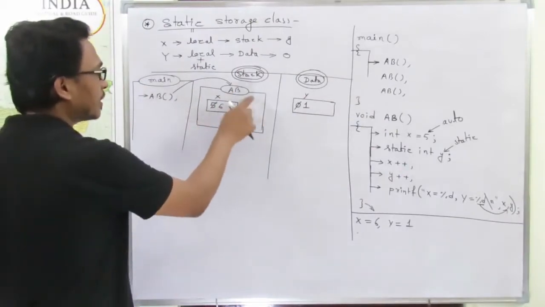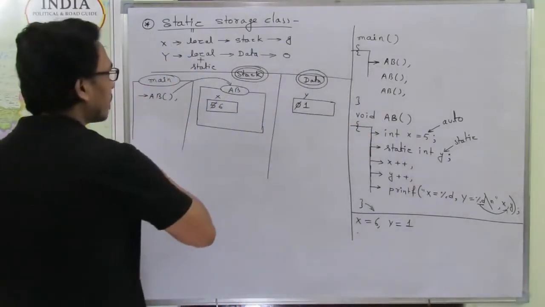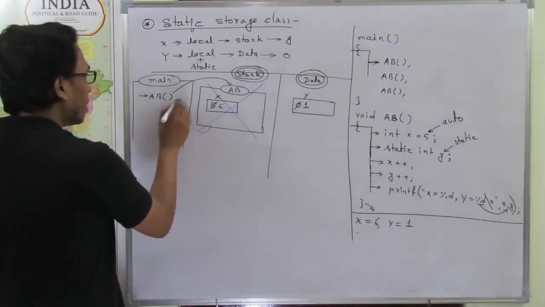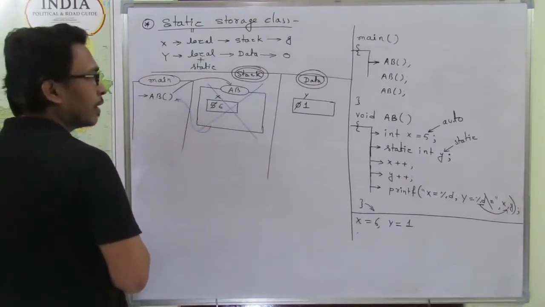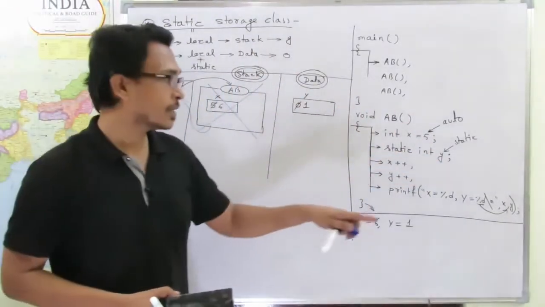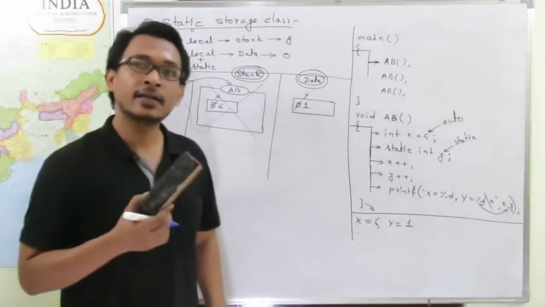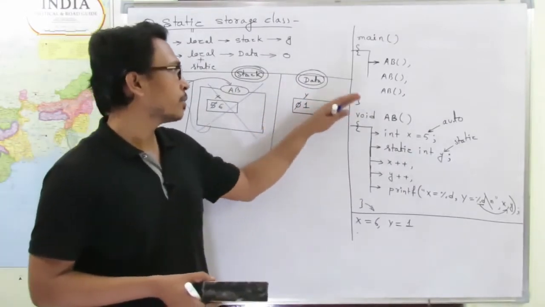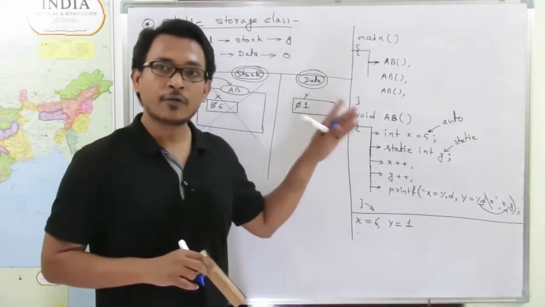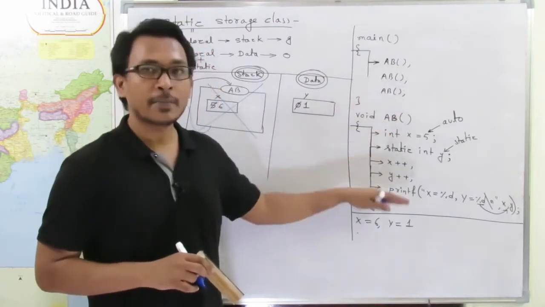This particular memory instance is allocated to the ab function. That means the system will allocate this particular block from the stack section and come out to the main function. And as we declared the variable y as static, that means the memory is allocated to this variable from the data section, and hence this particular memory will not be deallocated from the data section when control of program execution comes out from this ab function.